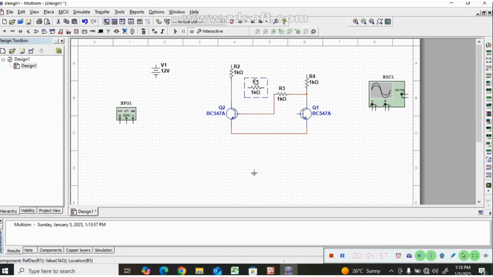One end is connected and the other end is connected.